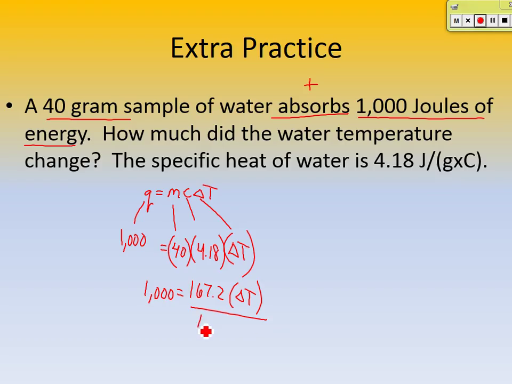Yeah, let's get rid of that 167.2 by dividing it. Over here it cancels out. So my delta T is equal to 1,000 divided by 167.2. So my change in temperature is positive 5.98. And what's my units here? What's my units for temperature? Yeah, degrees Celsius, thank you.